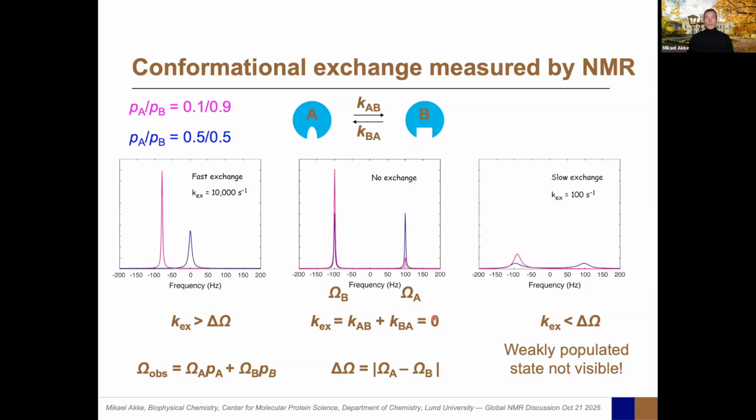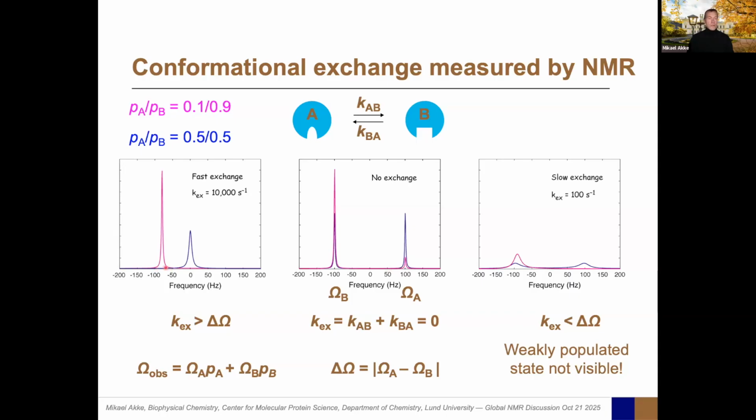So now if we, so to speak, turn on the exchange and look at what's happening at very, very fast exchange rates, then you just see an average chemical shift. So it's the population-weighted chemical shift of these two states, and its position will then, of course, be weighted by the population. So the purple line will be shifted only 10%, so to speak, from its position in the absence of exchange, which is at -100.